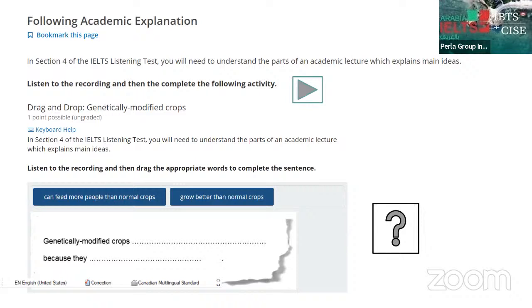So there is a lot to work on for your IELTS, because you need to work on your paraphrase on a daily basis. On the recording is going to be something, and on the paper is going to be something that is paraphrased of what they said. So it is different words that have similar ideas and meanings to the recording.